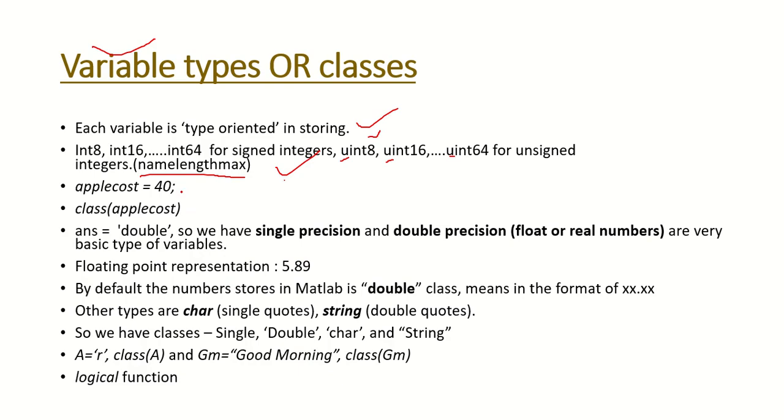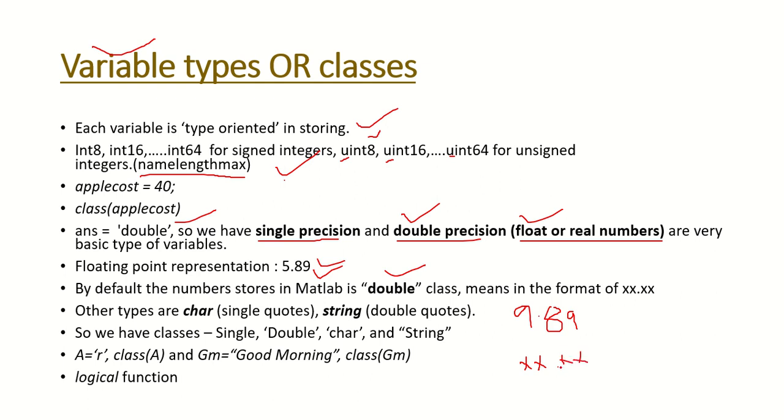Just now I told, single precision and double precision are both there, like the floating representation of real numbers. The real numbers like 5.89, 9.89, I have taken one example and shown how it will take it, and that also shows as a double precision, which is called a floating representation. By default, numbers are stored in MATLAB in double precision, like 9.89, one number, dot, decimal points.